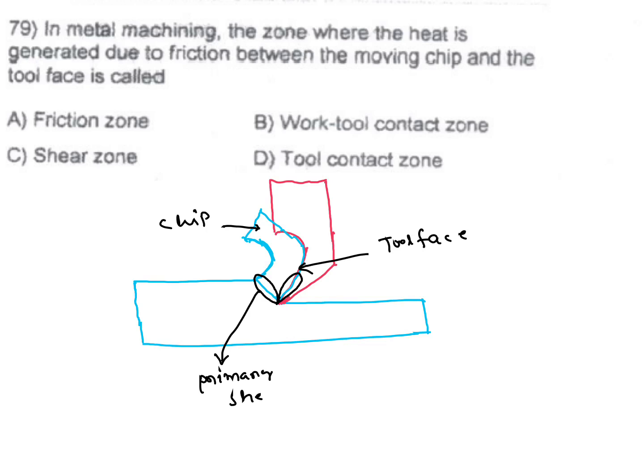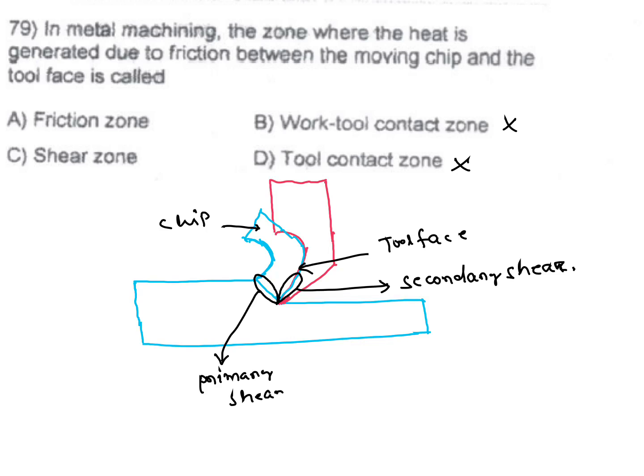Secondary shear is not mentioned in this question. Work tool contact zone also is not possible. B and D are not possible.